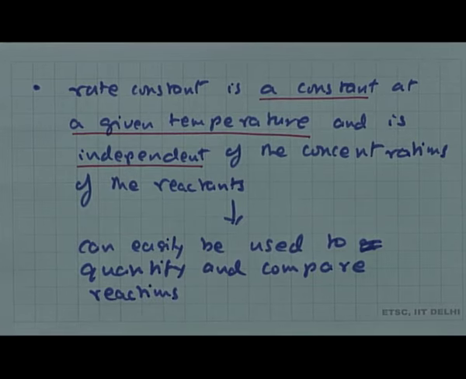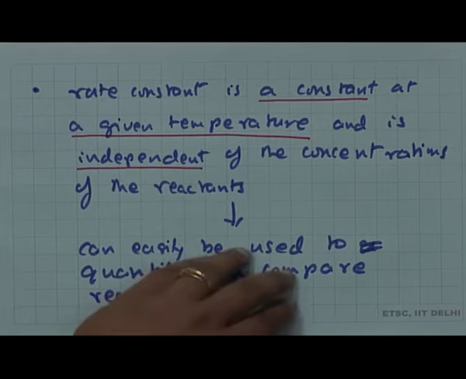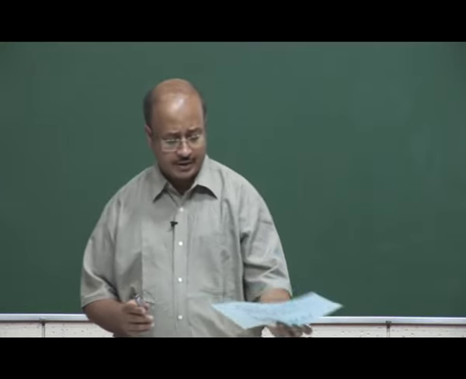Okay. So, while rate of the reaction is in some sense useless because it depends upon the concentrations, the rate constant at any given temperature is independent of the concentration of the reactants, and hence you can always use it to quantify or compare reactions.